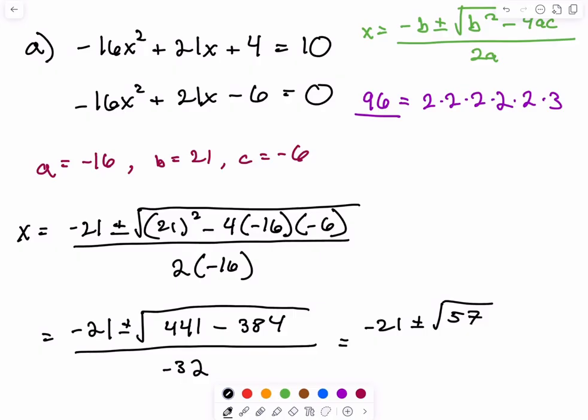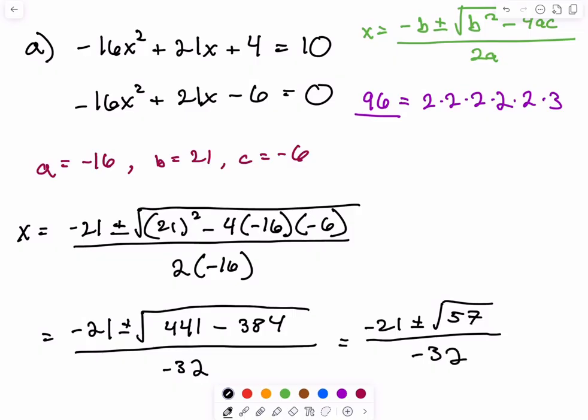Divisible by 3. 3 and 19, and that's still not going to go any further. 3 and 19, it's not going to go any further.